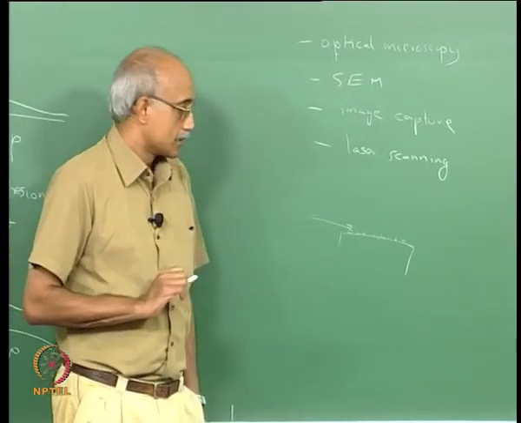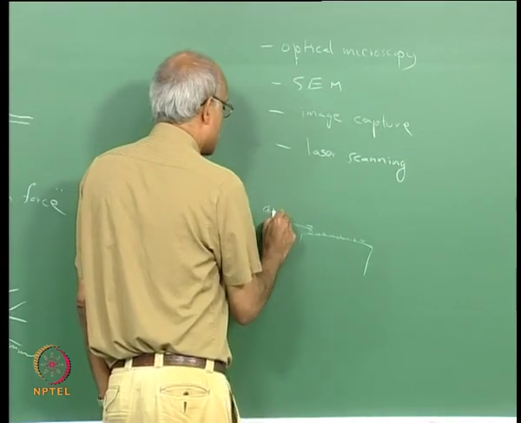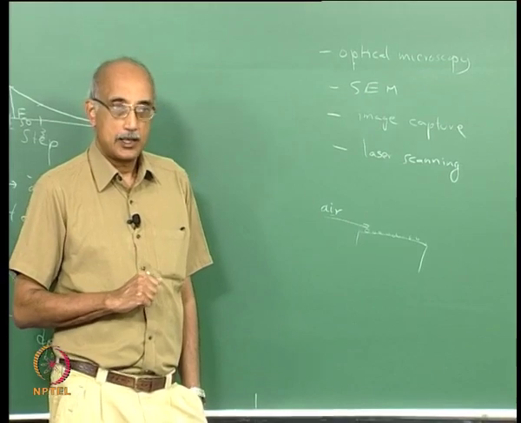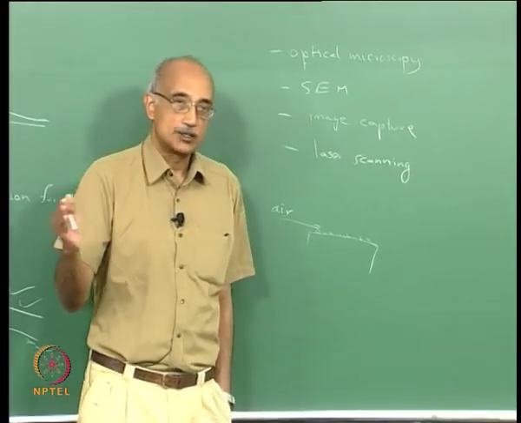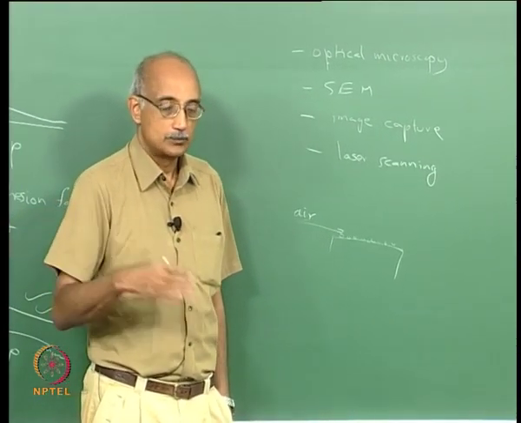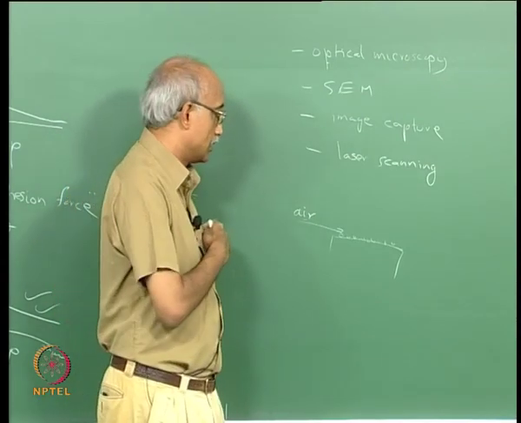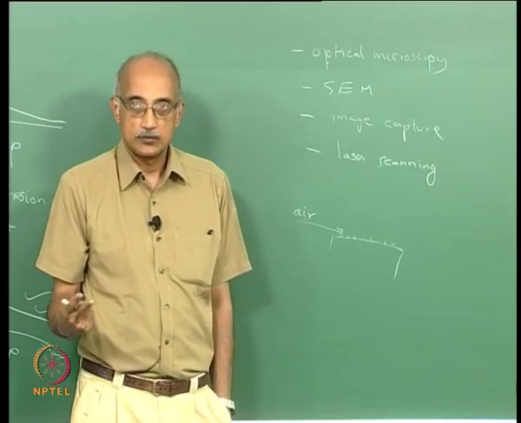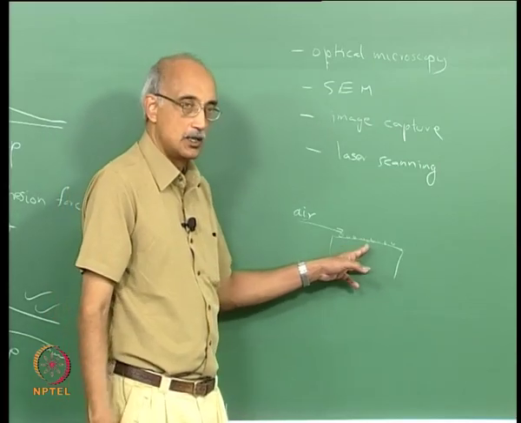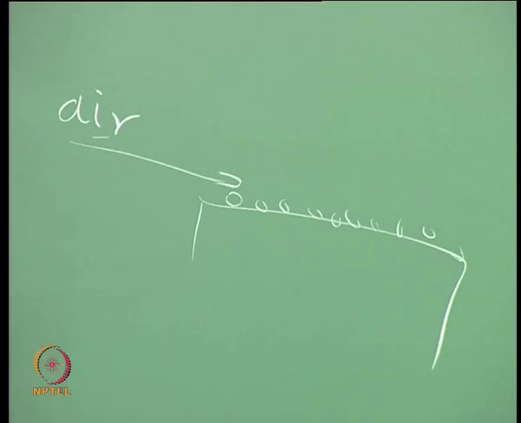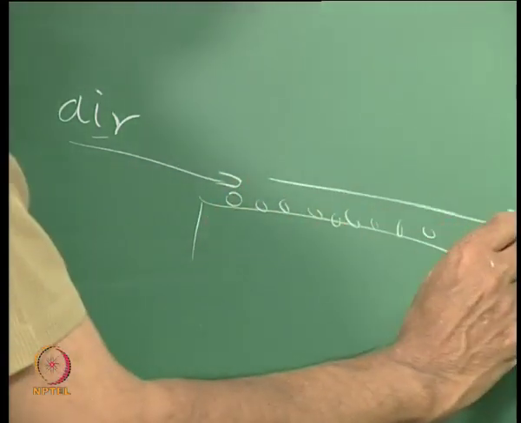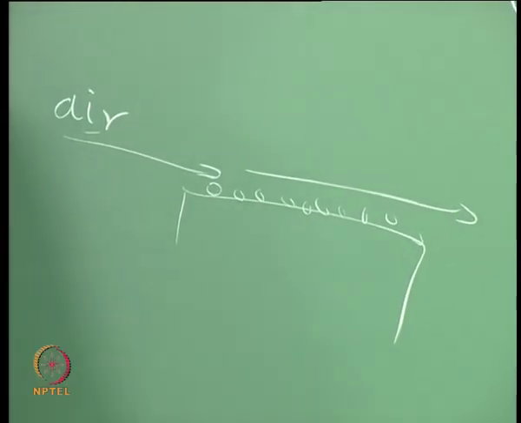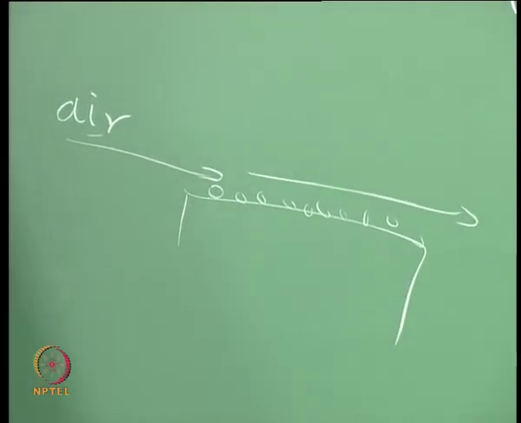Let us say that what you are doing is just taking compressed air and blowing it on the surface, and you are going to look at how many particles are removed when you have blown air for a certain period of time. Now, in order to look at the extraction efficiency, there are two ways in which you can do it. You can look at the surface before and after, or you can take the air that comes out after it has passed over the surface and count particles in the air. So it's a much more direct measure.